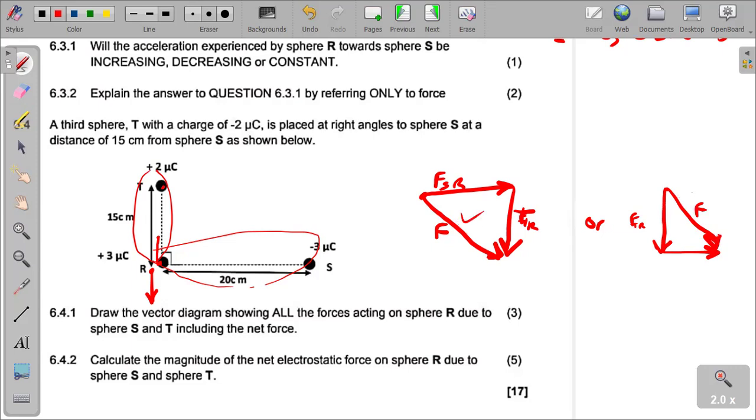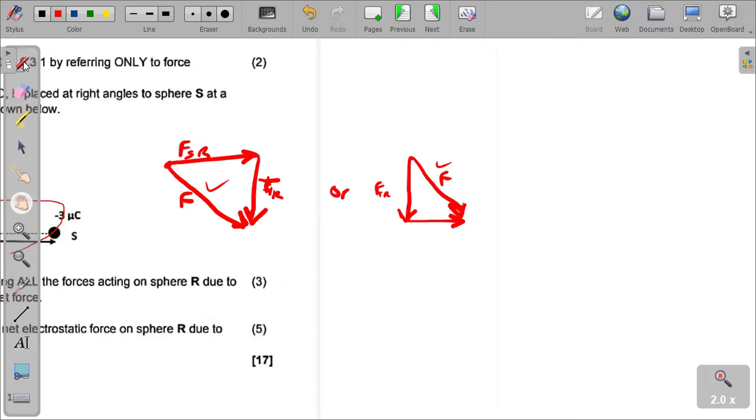Alternatively, we could have drawn like this, knowing that FSR is going in this direction. There is our FSR. Then on the same position, we also draw FTR going downwards, as we have seen that FTR is acting downwards. We can call it FX, we can call this one FY, and it will still be correct.